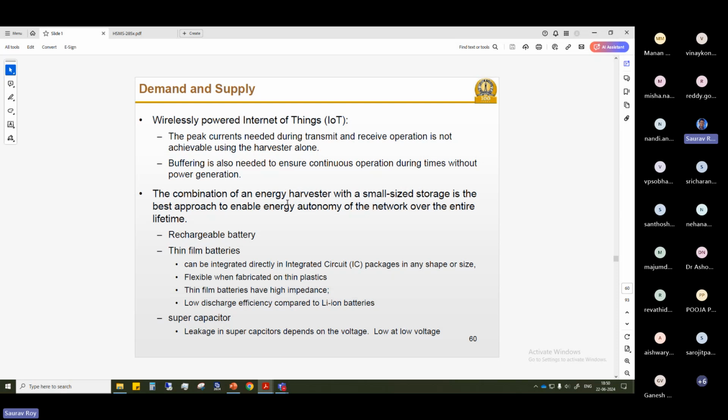But currently the problem is that people are trying to work on energy efficiency, and the other problem is definitely storage, right? Just like with electric vehicles, the problem is how much you can actually store.